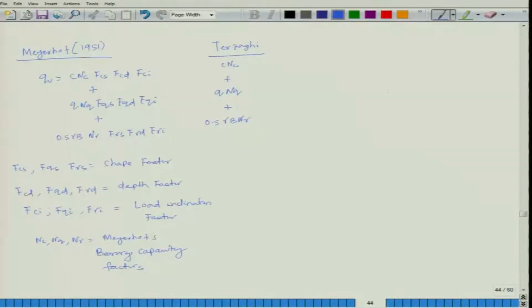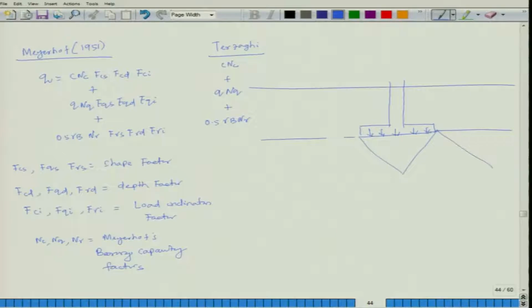Then if I draw it, earlier Terzaghi's bearing capacity theory, there is a footing here, and this is the base of the footing, then there is a wedge.